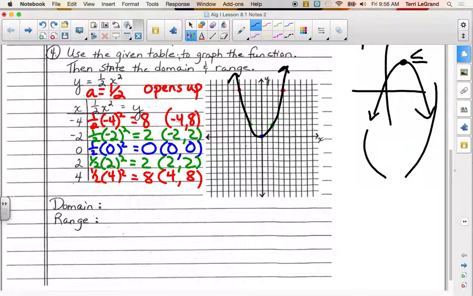I'm feeling pretty good about my graph because it's opening up. At least I got that.